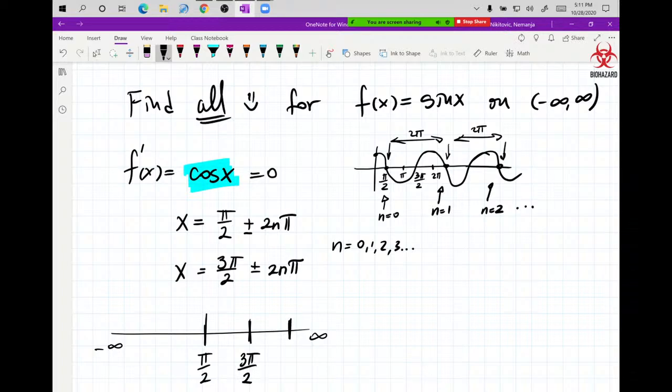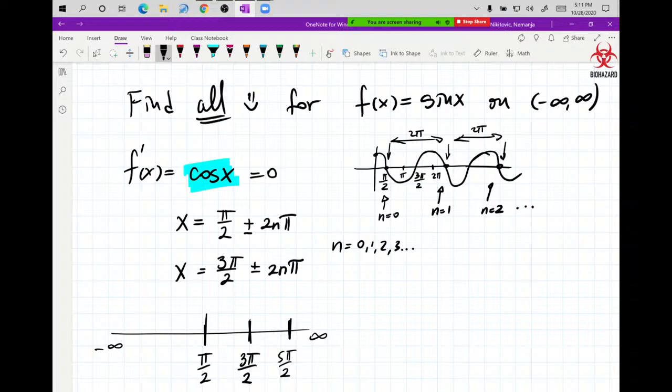Here is the next partition, plus 2 pi, which is 5 pi over 2.